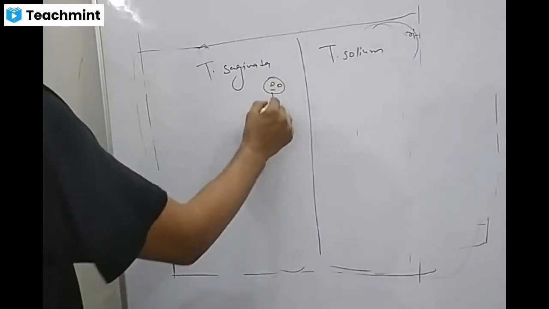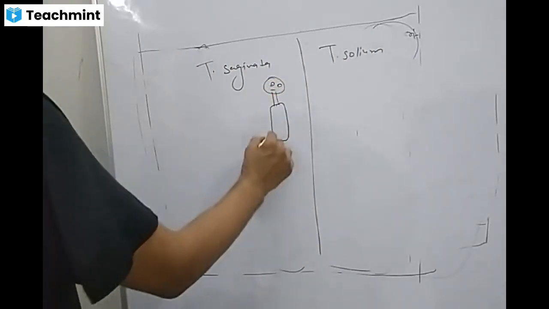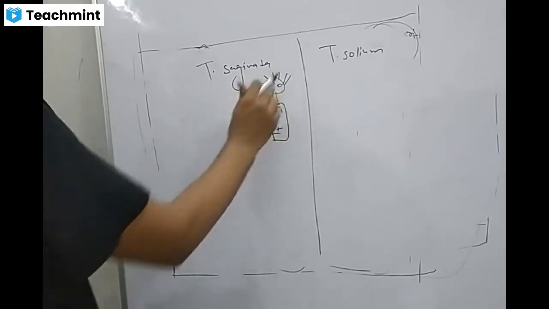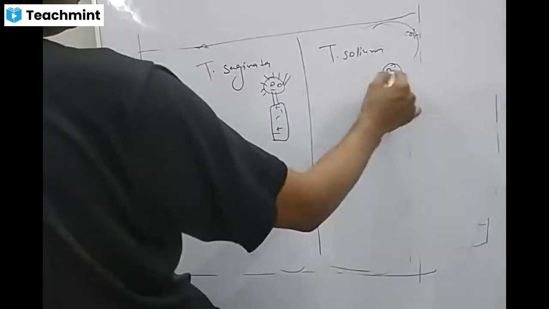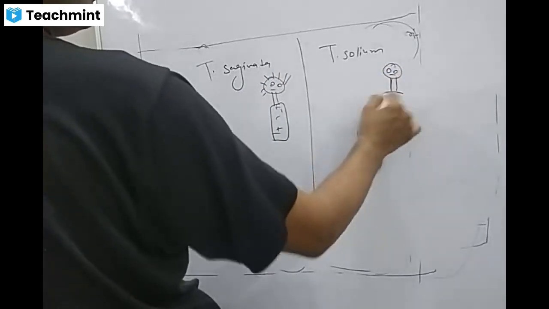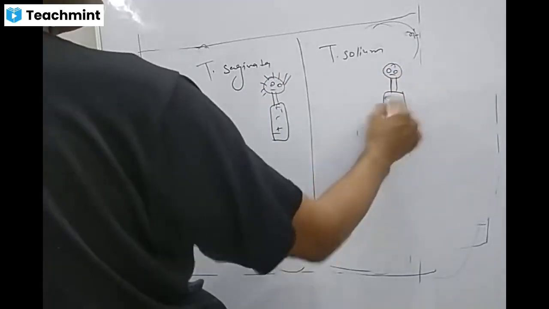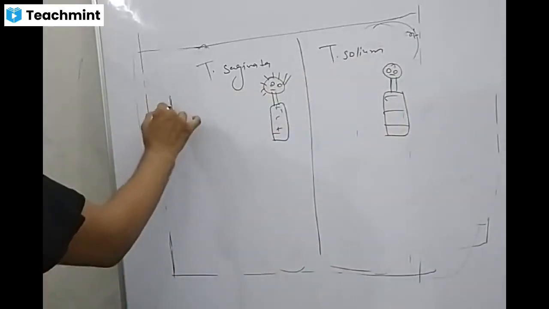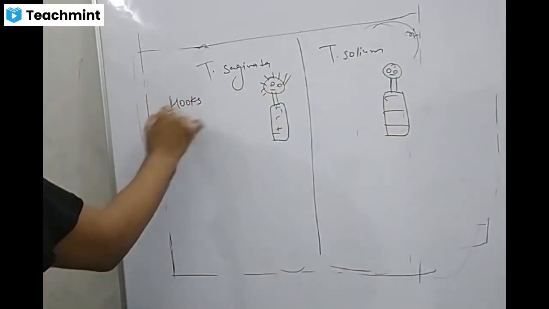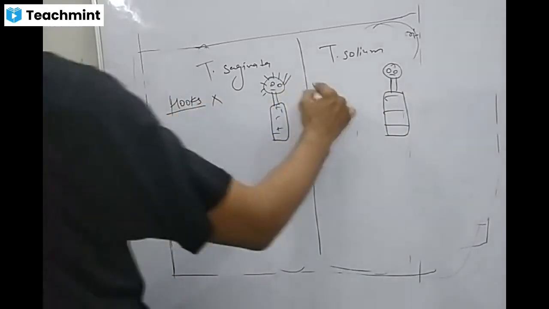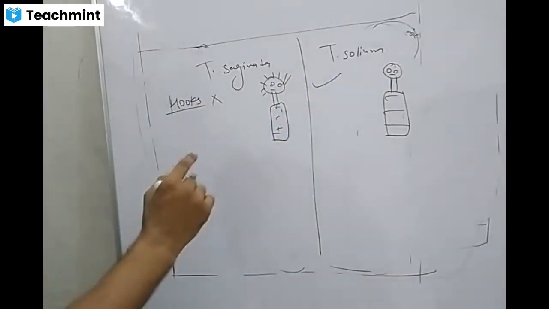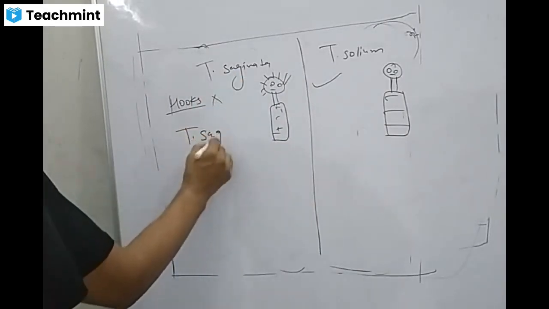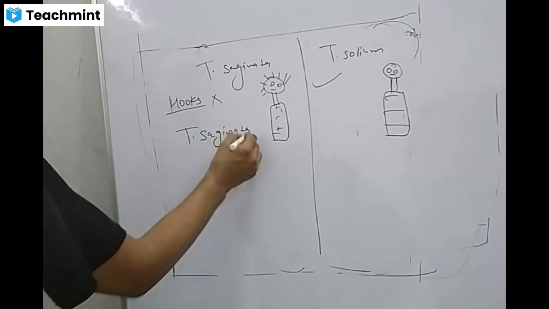It means this is your parasite. These hooks are absent in case of saginata; in case of solium, these are present. So this was the MCQ in ICAR. How to remember this? There is one term, saginata.